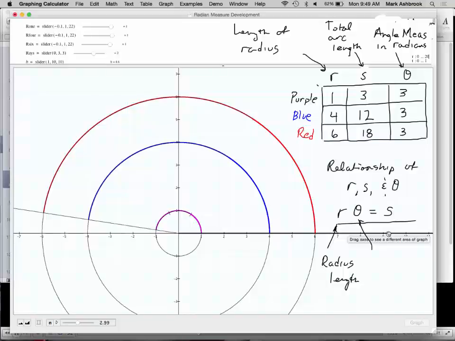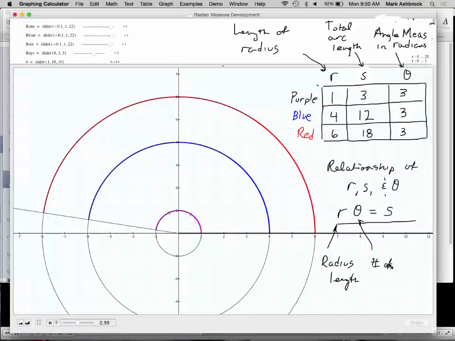How many of them, right? How many radius lengths you have. That's essentially what the angle measure in radians is. This is the most important point of the day. That number, that's the angle measure in radians, is essentially how many radius lengths we put around the circle. And how many did we do? In all cases, it's 3 radius lengths.